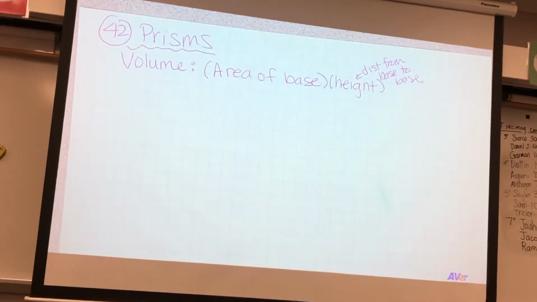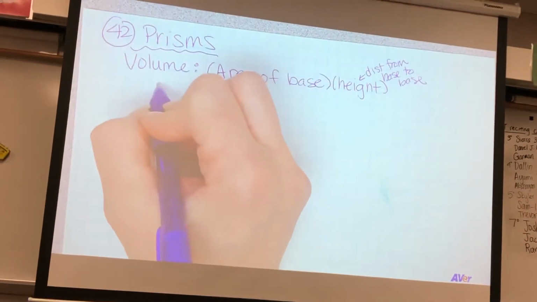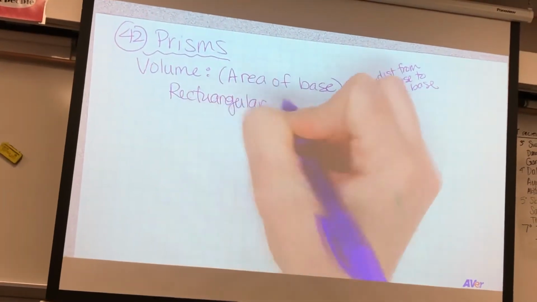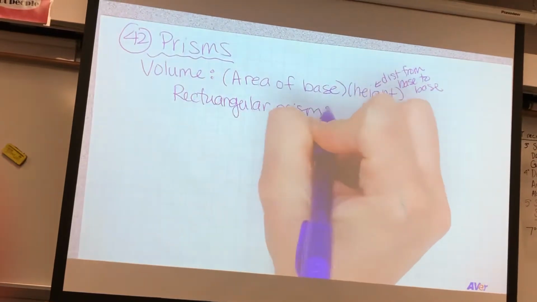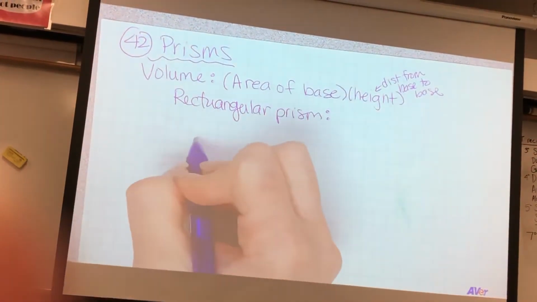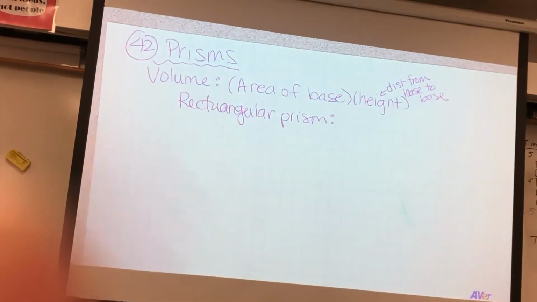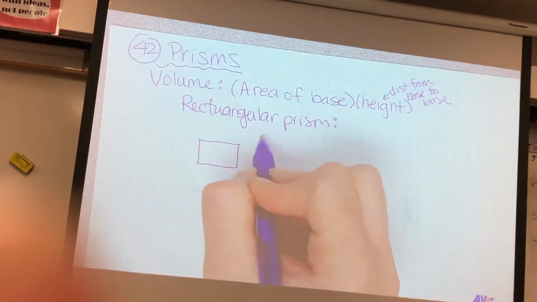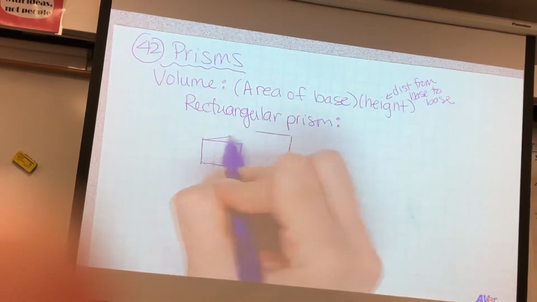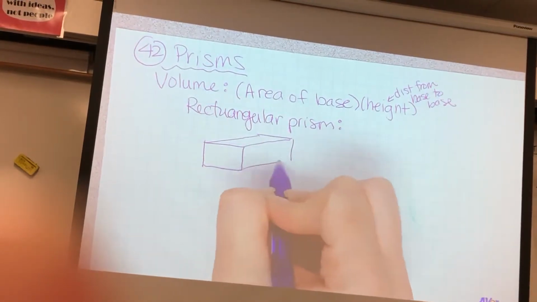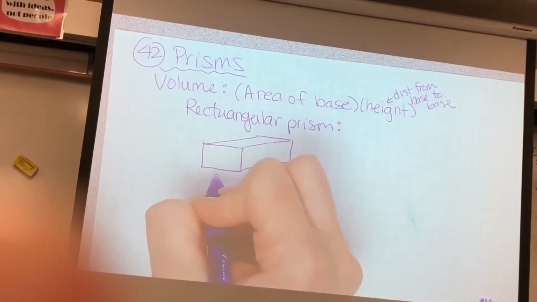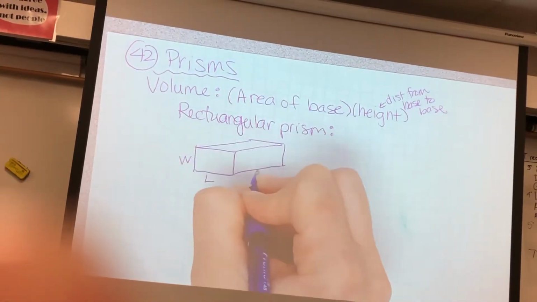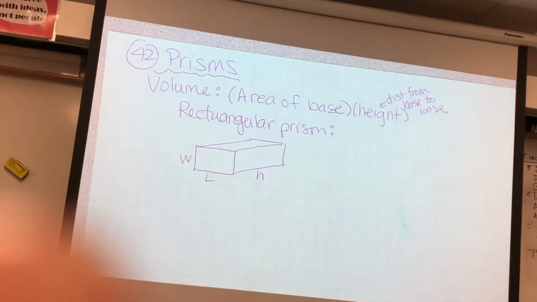So let's look at a few different shapes just to talk about them. So let's start with a rectangular prism, meaning the bases are rectangles. So if I think about this picture, it is going to be something where I have a rectangle, forgive my artwork, and it's gonna look like this, where I kind of have a length, a width, and this height going back.